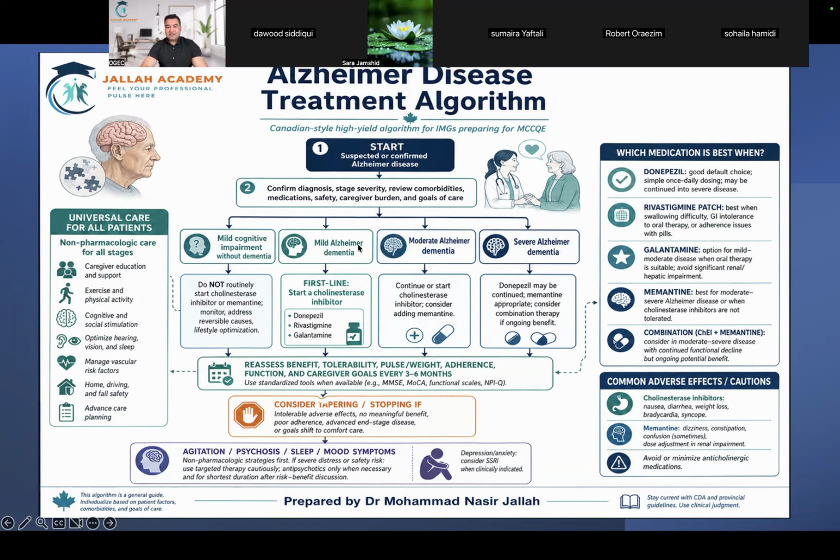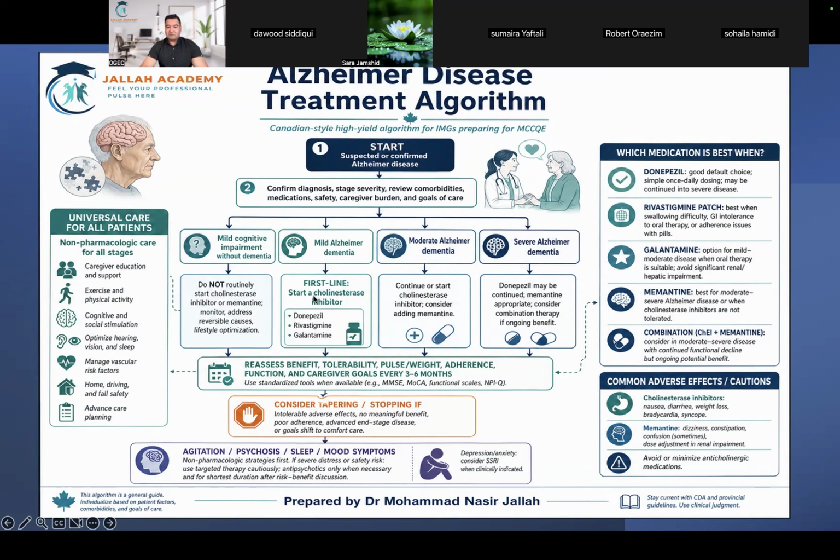Now, mild Alzheimer's dementia. They will most likely ask you this: what is the first best initial pharmacological treatment for mild Alzheimer's? It will be donepezil. If you don't have it, rivastigmine or galantamine.